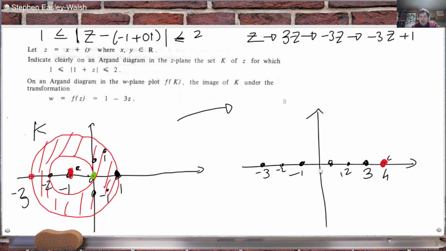So starts here, multiply by 3, still here, minus, still here, add 1, now it's here. Okay, and then let's track this point here, 1. So we start at 1, multiplied by 3, we're at 3. Oh, yeah. The minus doesn't affect the last one because it was at 0, sorry.